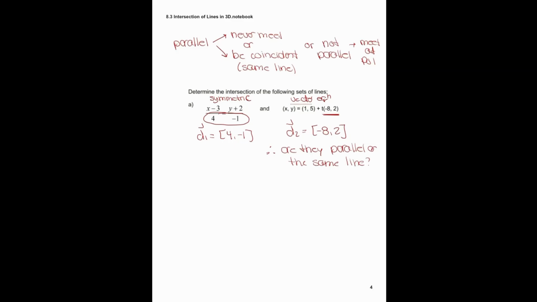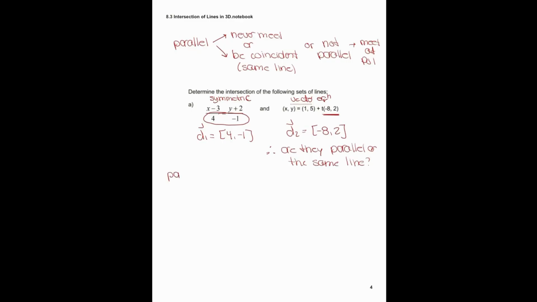So we're going to use some geometric thinking to check if the point (1, 5) from line number 2 is going to lie on line 1. We know that if they share one point, they will share all their points. So the first thing that we're going to do is set up the parametric equations for line 1.